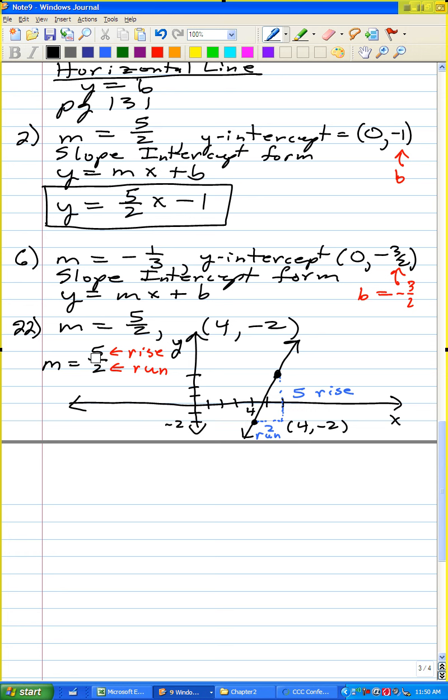Now I have a run of 2, so I go 2 in the positive x direction, and I have a rise of 5, so I go an additional 5 units in the positive y direction to get to another point on my line. I can then draw a line connecting those 2 points, and that is the graph of this line having a slope of 5/2 passing through the point 4, -2.